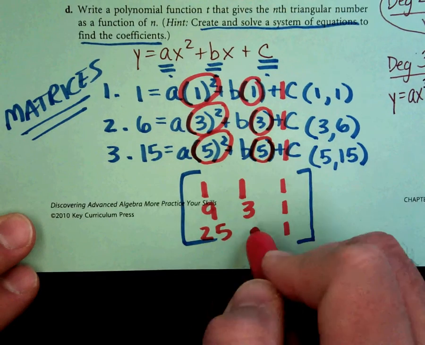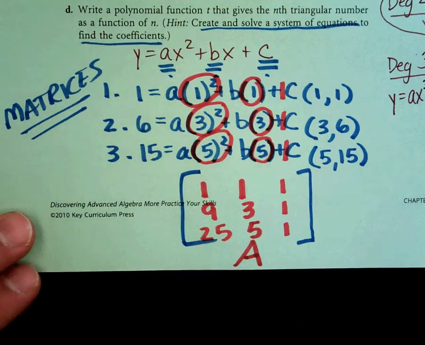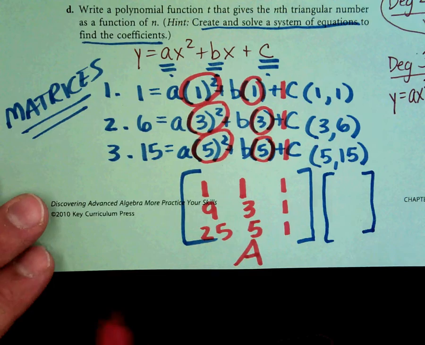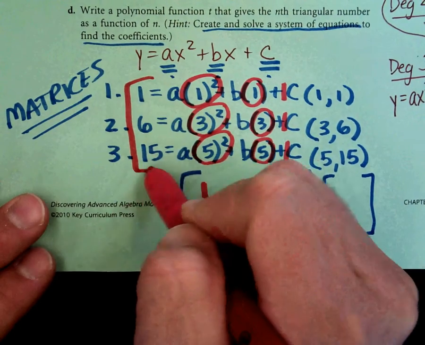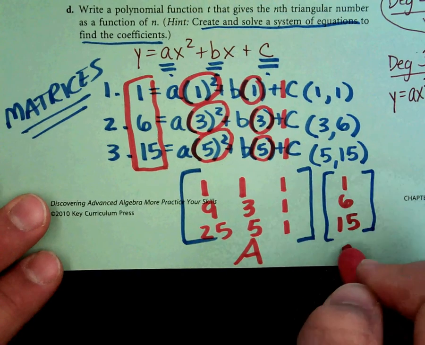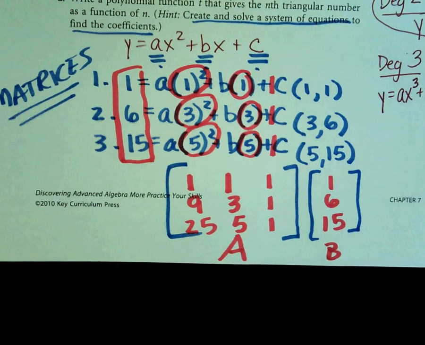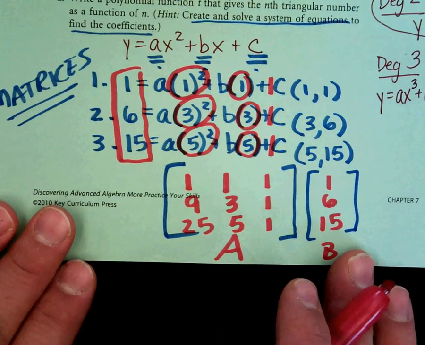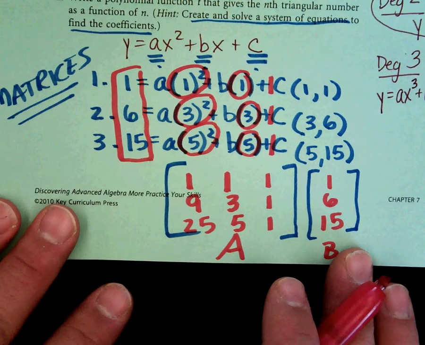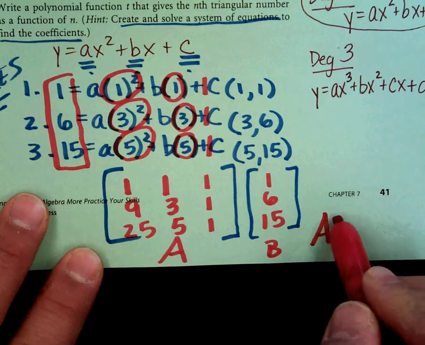Put this 5 in the middle, 1 on the end. That will be our A matrix. The B matrix will come from the 3 y's right here. 1, 6, and 15. Now, by the power of A inverse B, you should be able to enter these 2 matrices into your calculator and do A inverse B, and it should tell you your A, B, and C. We do A inverse B.